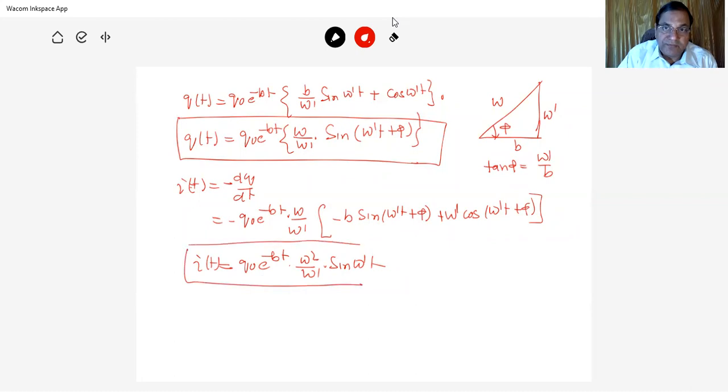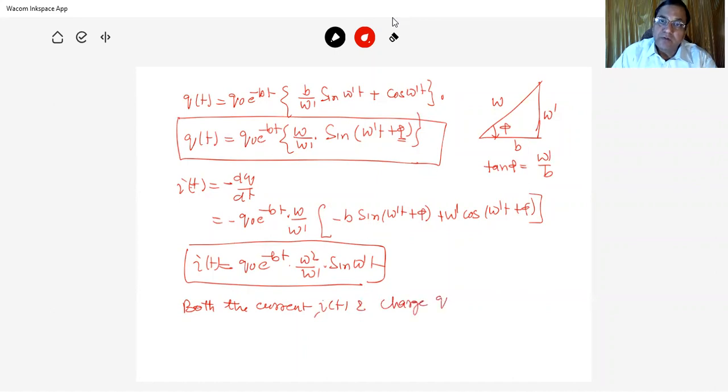So we find that here there is a change of phase phi in current as well as charge. Means current and charge are not the same. Both the current IT and charge QT are not in phase.